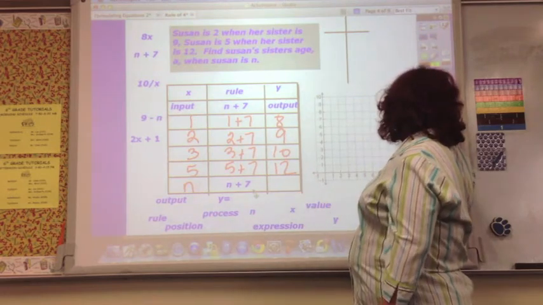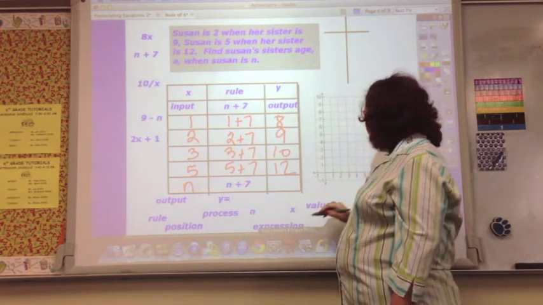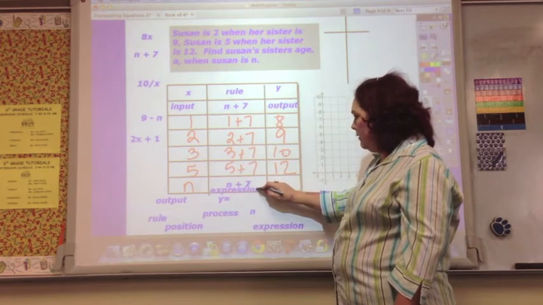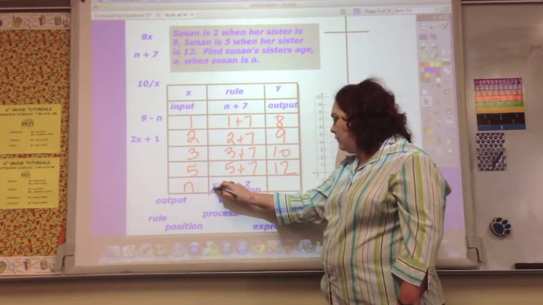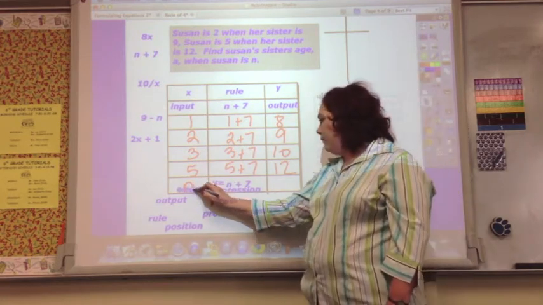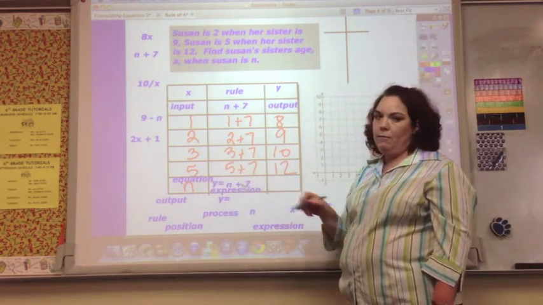And so my expression is this, and my equation is just this, y equals, and that's my equation. So equation is y equals, expression is n plus 7.